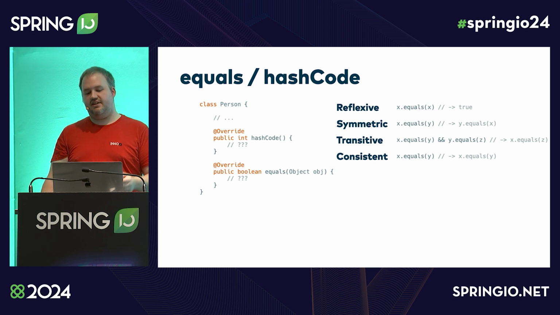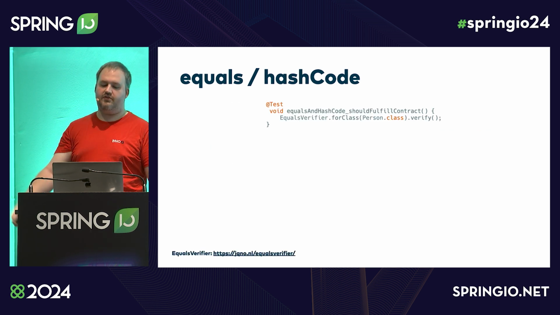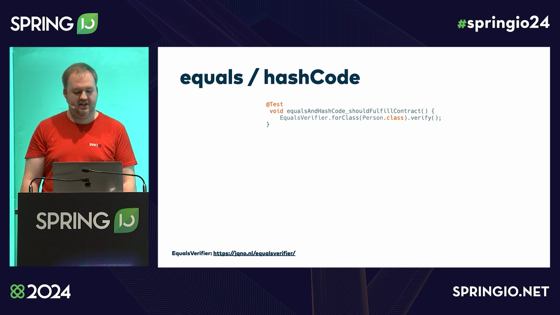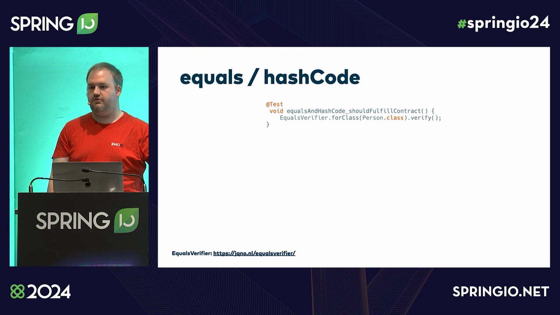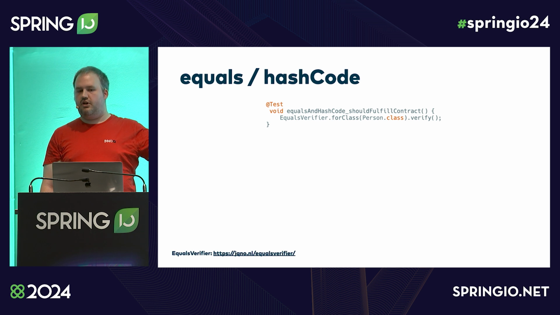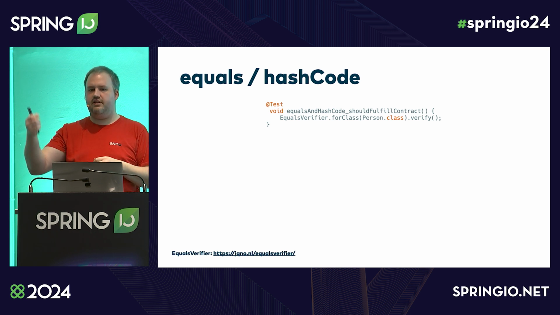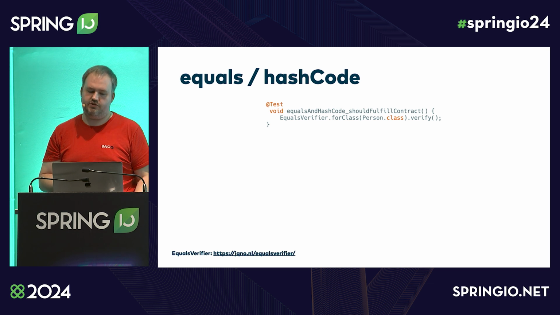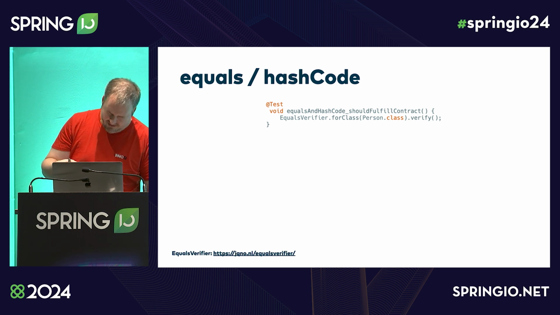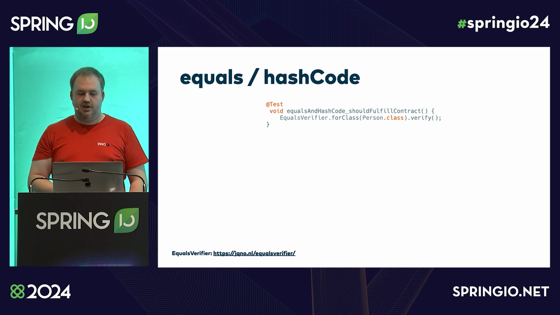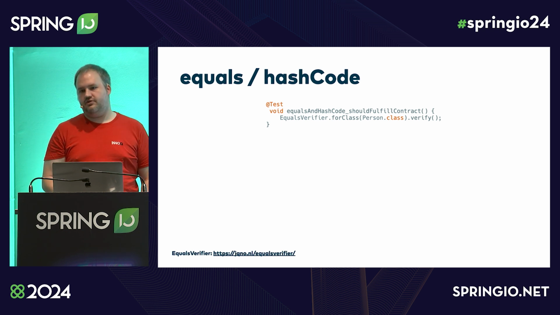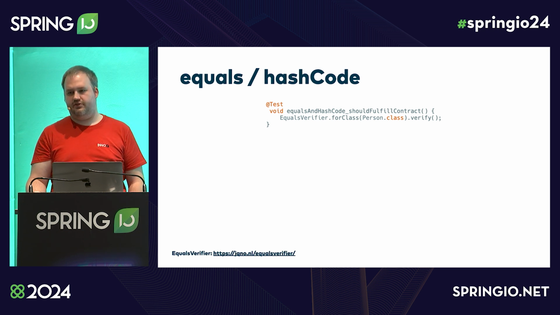And of course we need to test that too, and we could write much code ourselves, but there's EqualsVerifier which does everything for us. So by default it mutates every field and checks all of that for us with just one line. Sorry, long day even for me. Yeah, and I've used that multiple times, and it's helpful.